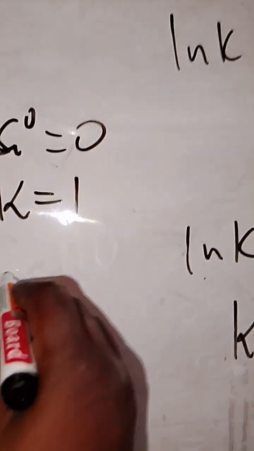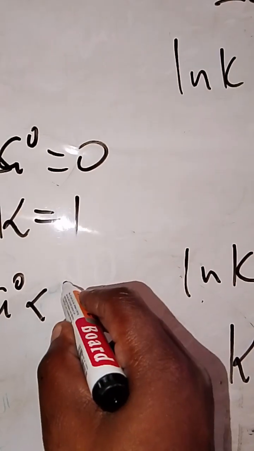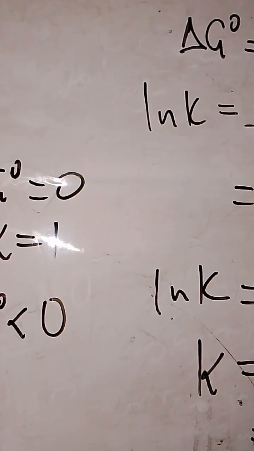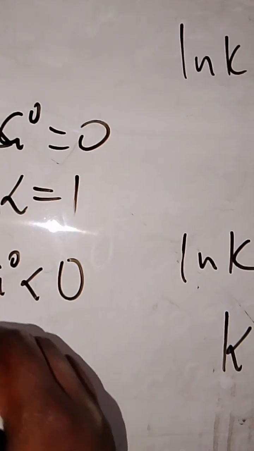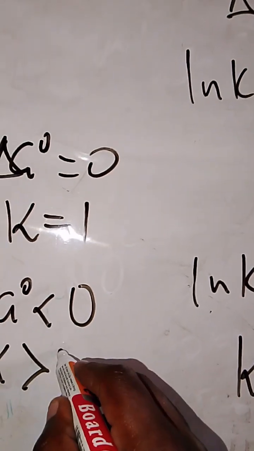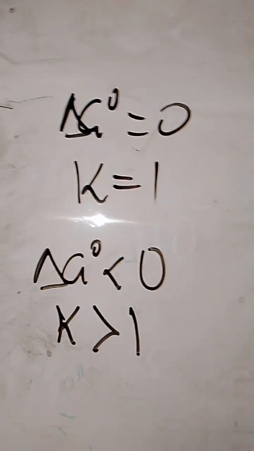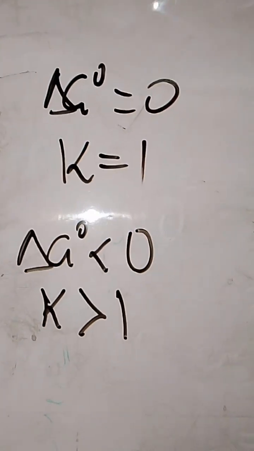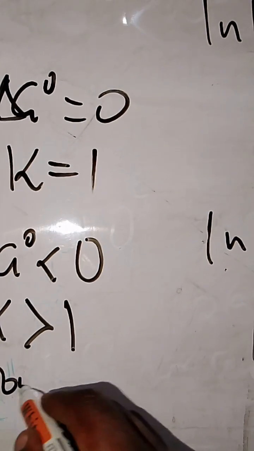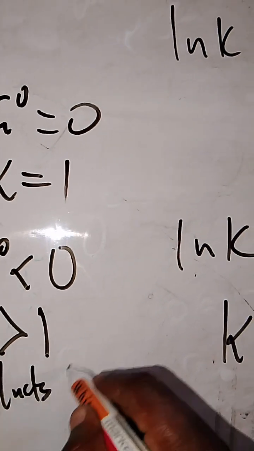Then delta G less than 0 means K is greater than 1. For this situation, products are favored over reactants.